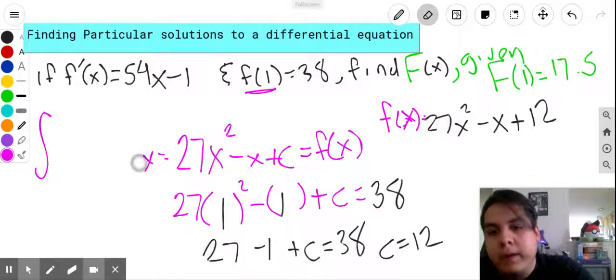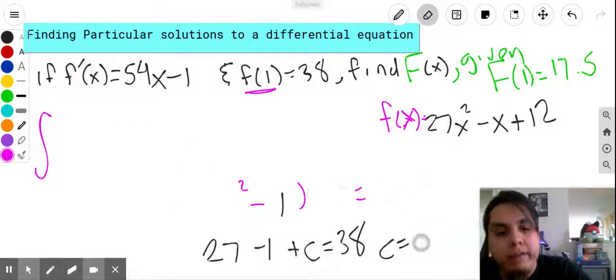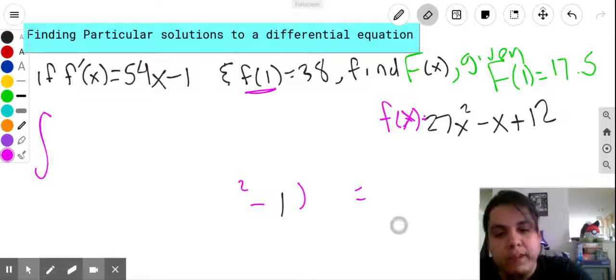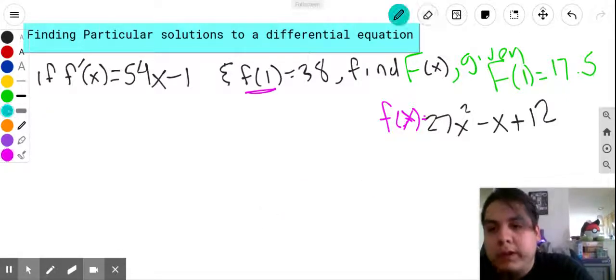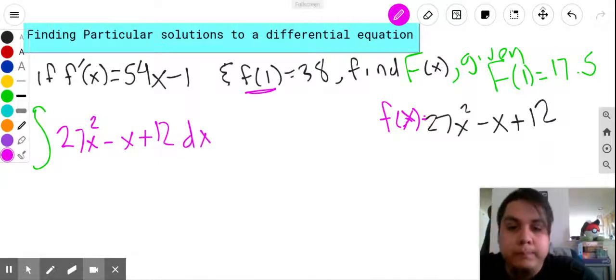I need to find the indefinite integral of the equation I currently have for lowercase f of x. Integrate that one more time in order to find capital F of x.